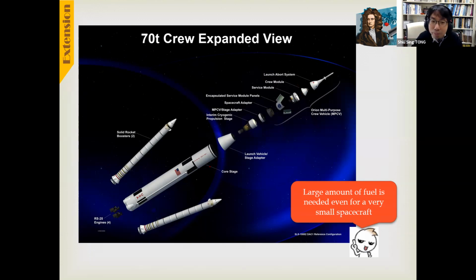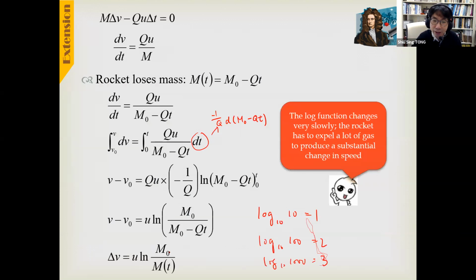That part is much smaller in mass compared with the mass of the rocket, and that is exactly reflected in this ratio. But even with this, because of the log, you still get a velocity that is at most several times the ejected speed. So the speed of the spacecraft may be several thousand or 10,000 kilometers per second at most.